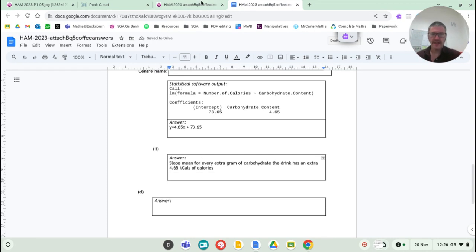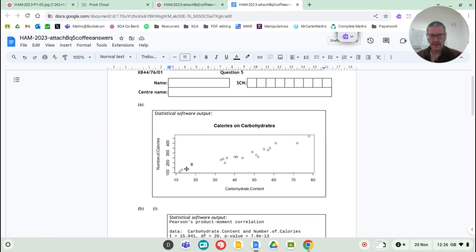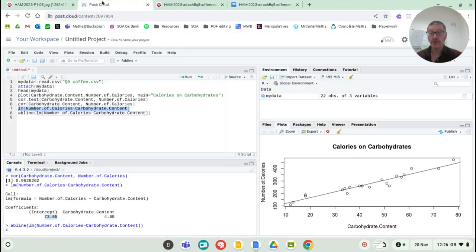The intercept, remember the intercept would be where the line crosses over when carbohydrate content is 0.